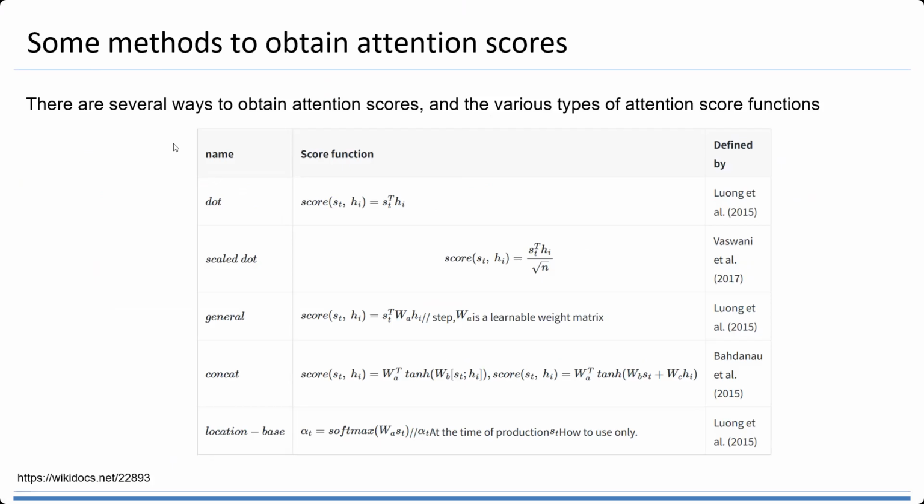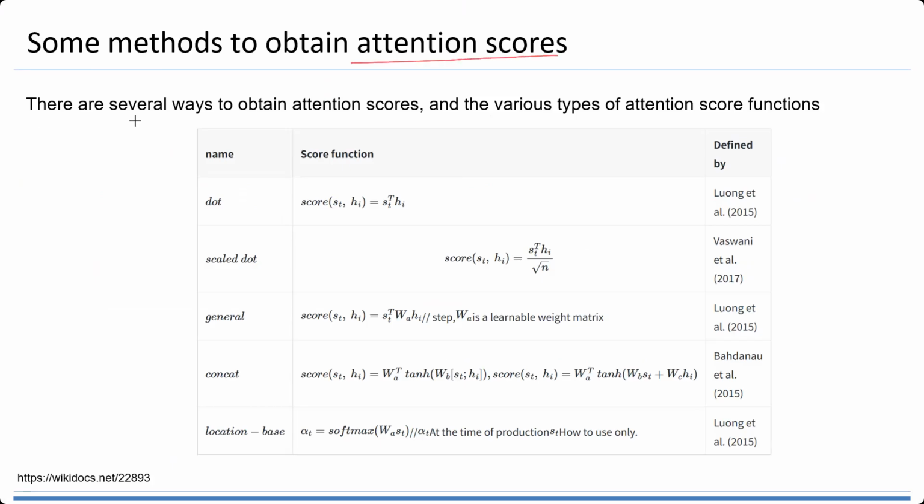In the literature, if you look at the research papers, there are many kinds of attention scores. The one that I explained to you is the initial attention mechanism, but there are other works that propose other attention scores.